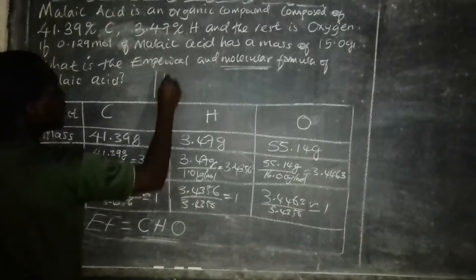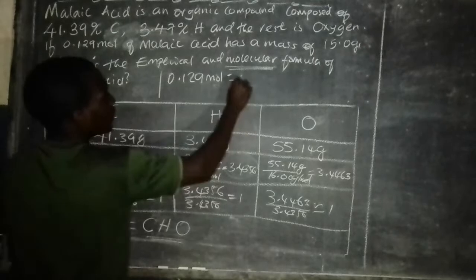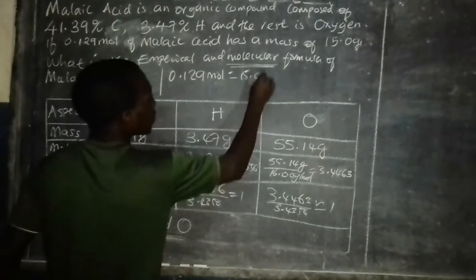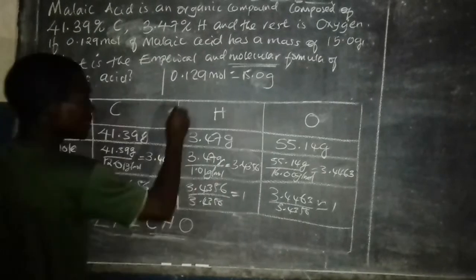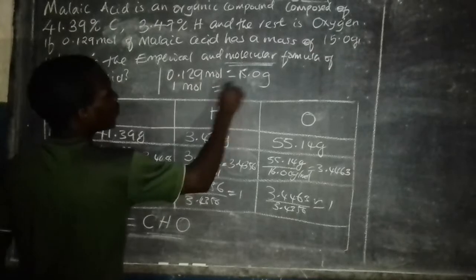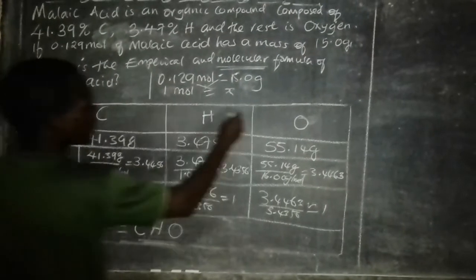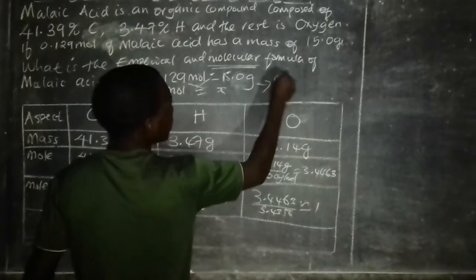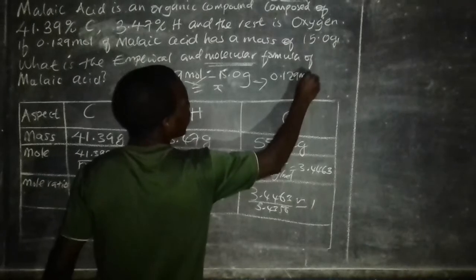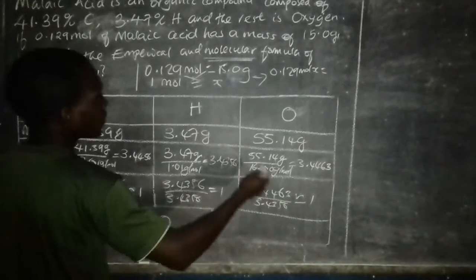So if 0.129 mole gives us 15.0 grams, then 1 mole will be what? We don't know. So we cross multiply. 0.129 mole times X is equal to 15.0 grams times 1 mole.